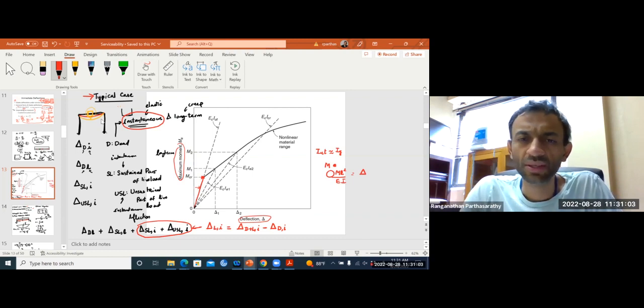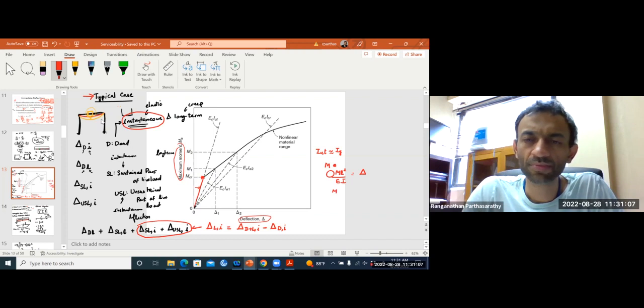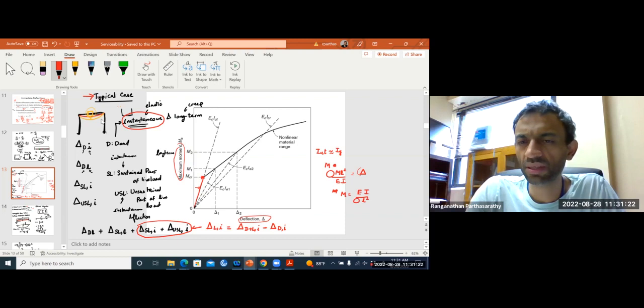In other words, your slope, M is on the y-axis, delta is on the x-axis. M is equal to E times I by some L squared, some number, times delta, right?